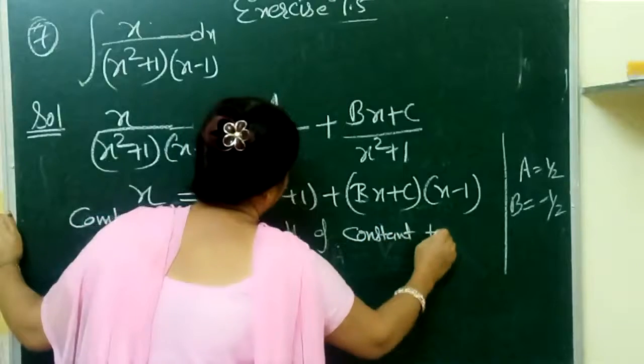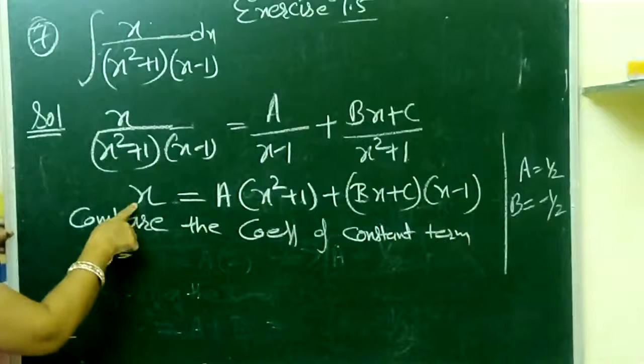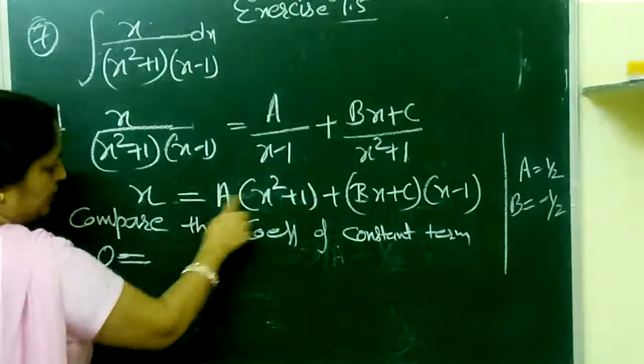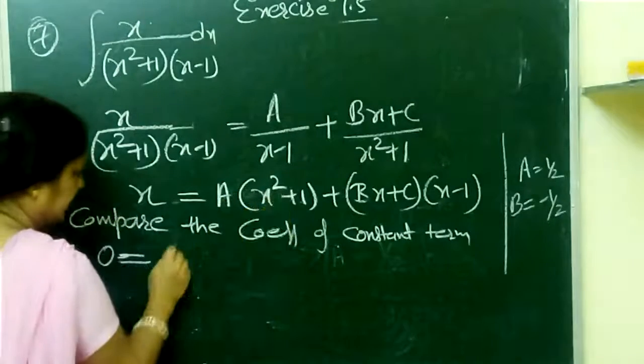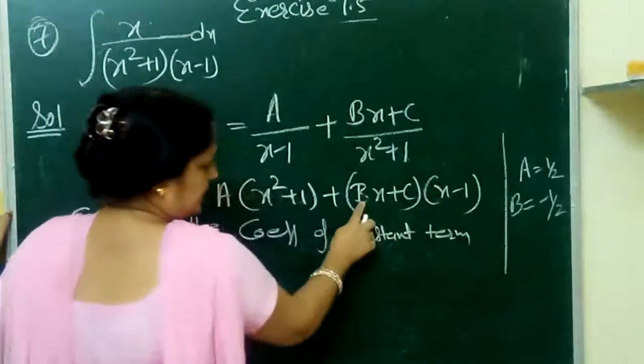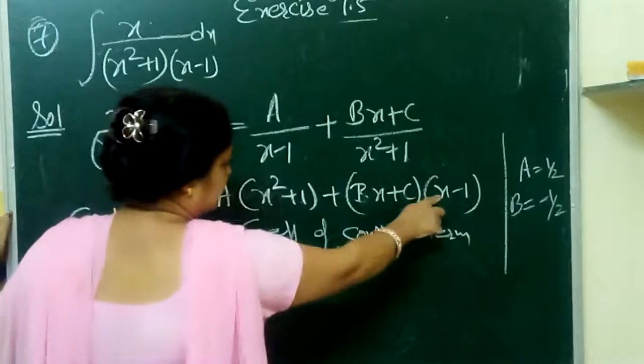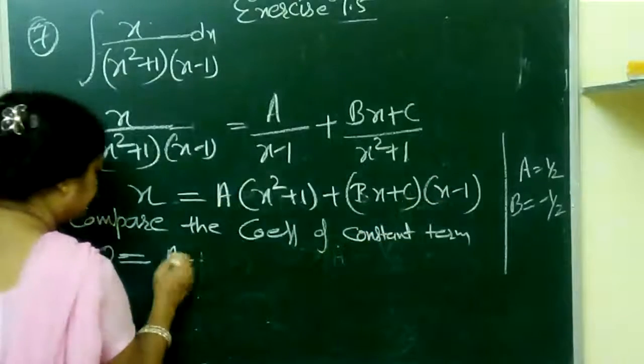It will be 0 because no constant term is here on the left side. On the right side, ax square and a, and bx square and minus bx will not come because x is there, then cx will also not come because x is there, minus c.